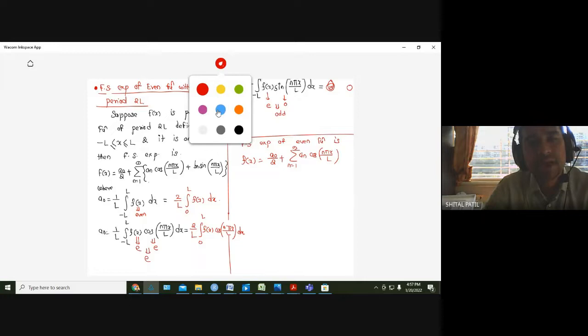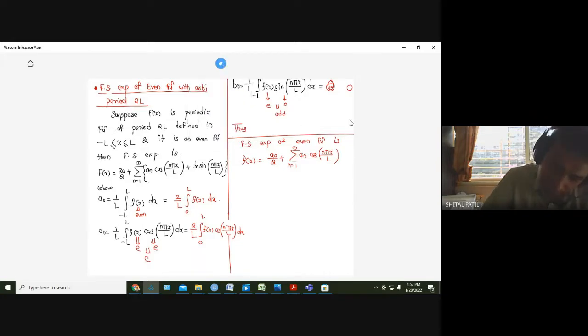Where a naught equal to 2 by L, integral 0 to L, f of x dx. an equal to 2 by L, 0 to L, f of x cos of n pi x divided by L dx.